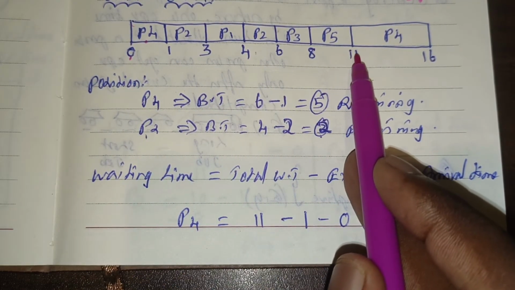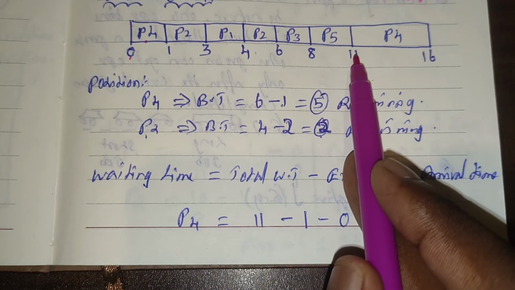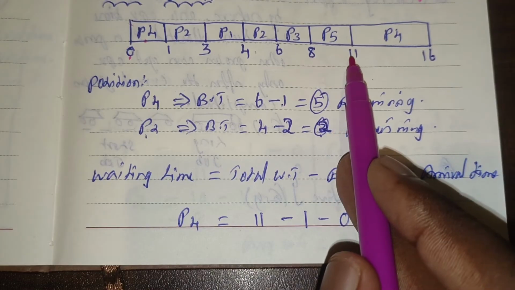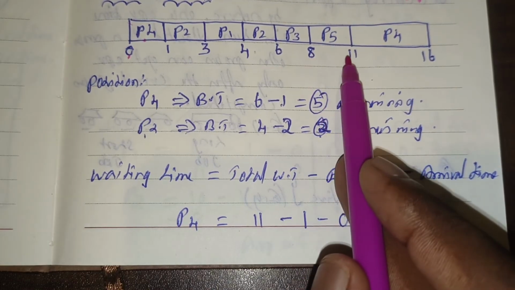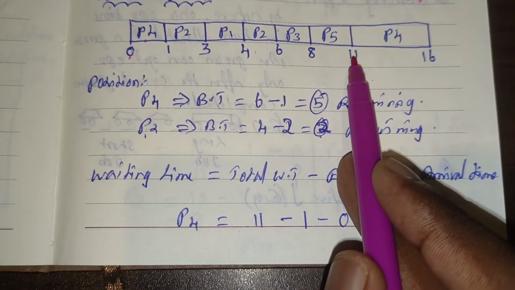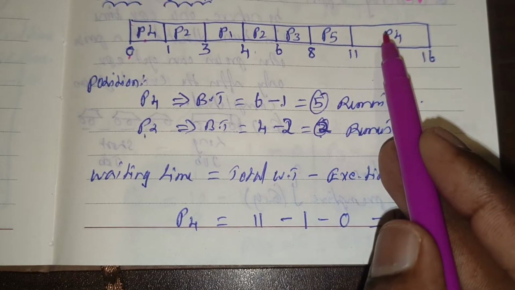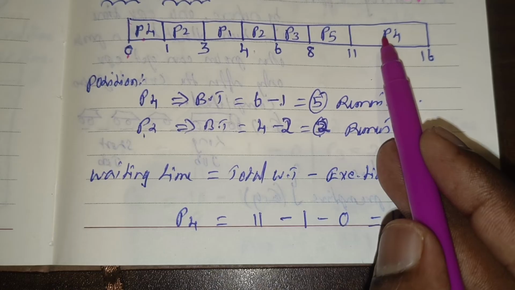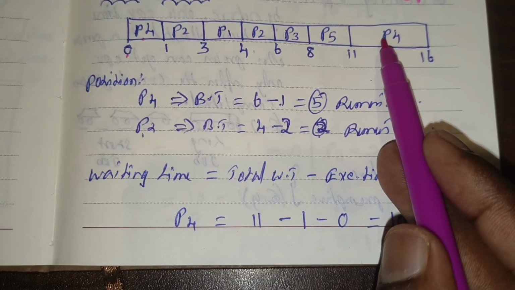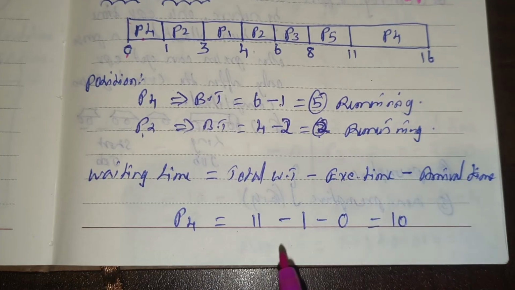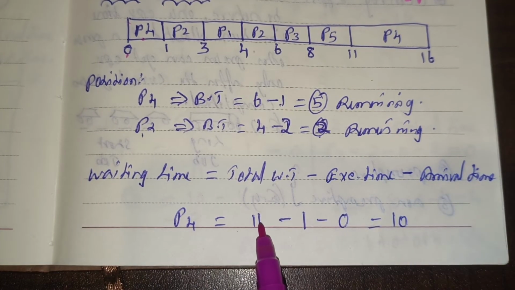It is waiting for the second round to complete the task, right? And only after process 5. That is, its waiting time is 11, right? To complete the remaining burst time for this P4, it is waiting for 11 minutes. So it starts exactly at 11.